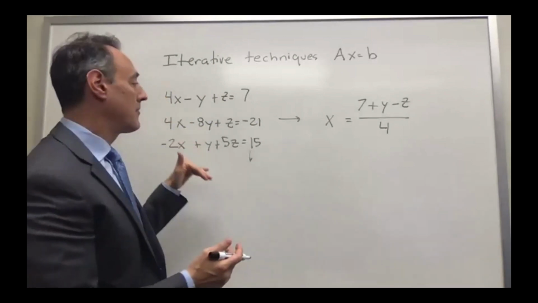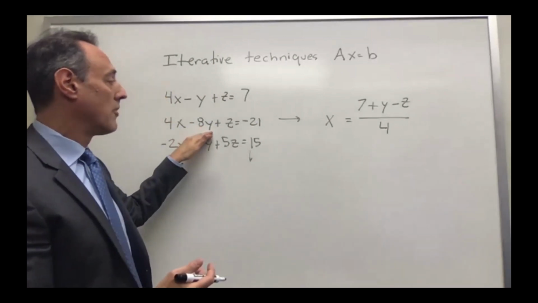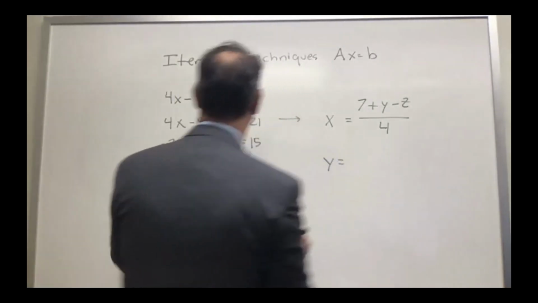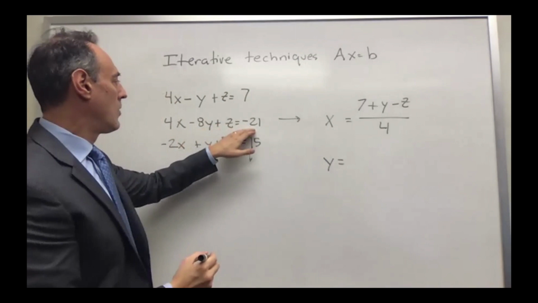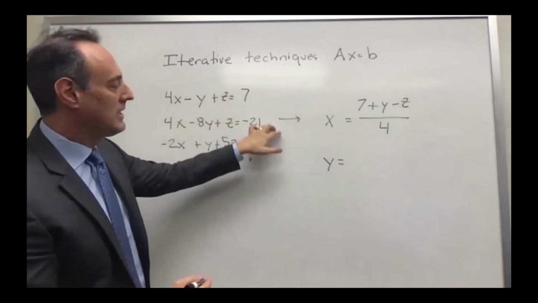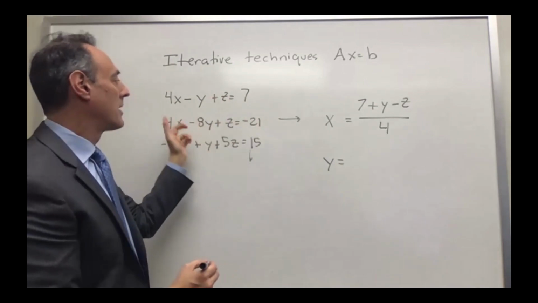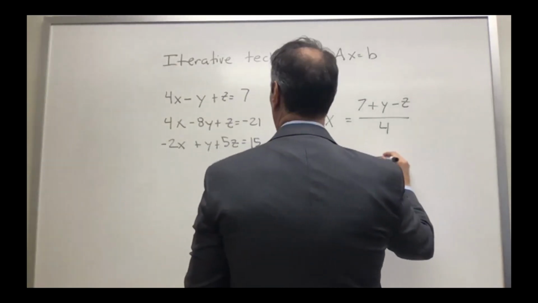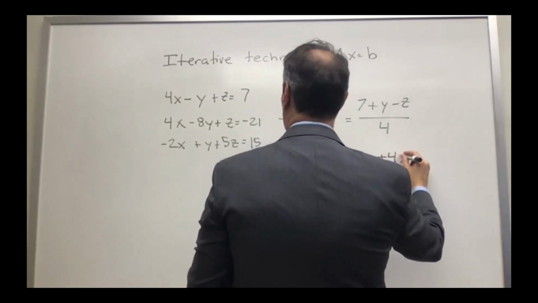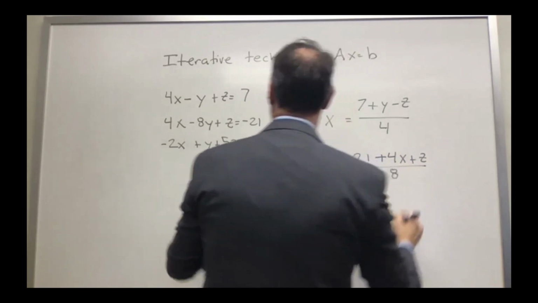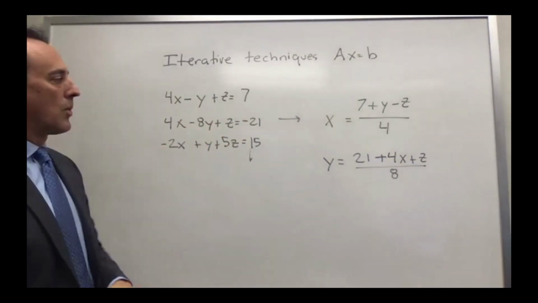I'm going to do the same thing for the other two equations. The second one, I'll solve for y. I have a minus 21 over here, and this is minus 8y, so I make it plus 8y over here, move the 21 over, and it becomes plus 21. So it's 21 plus 4x plus z, all divided by 8, which was in front of the y.